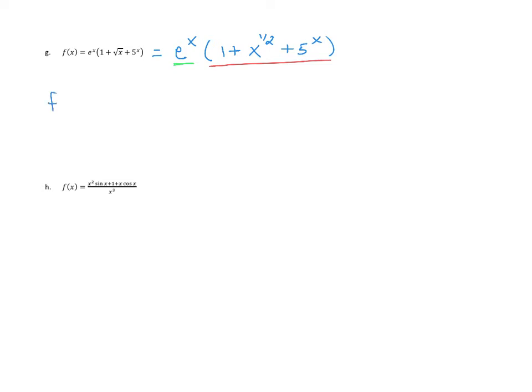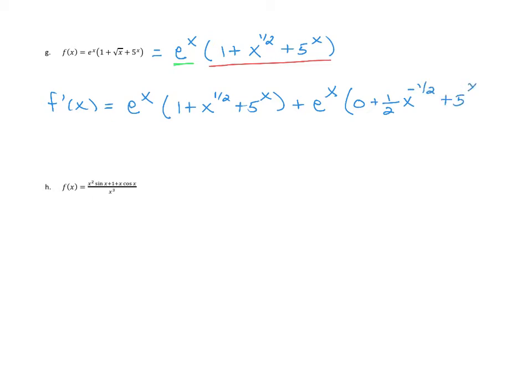So when I find f prime of x, I take the derivative of the first, which is e to the x, and then I multiply it by the second. I then leave the first thing alone and multiply by the derivative of the second, which is 0, plus 1/2 x to the negative 1/2, plus the derivative of 5 to the x is 5 to the x times the natural log of 5. I really think that's good enough.